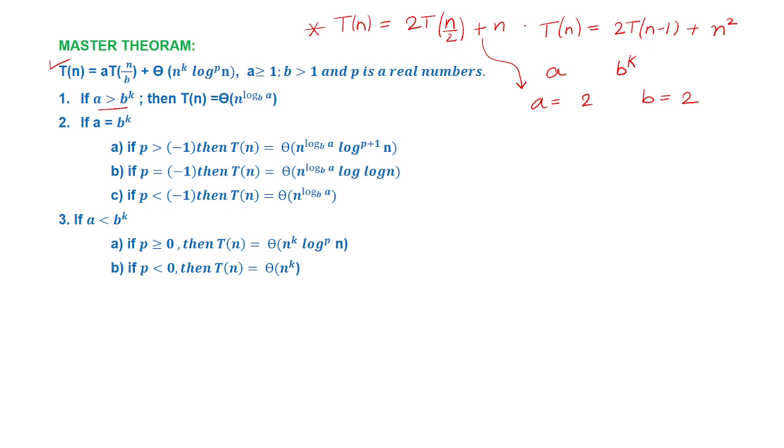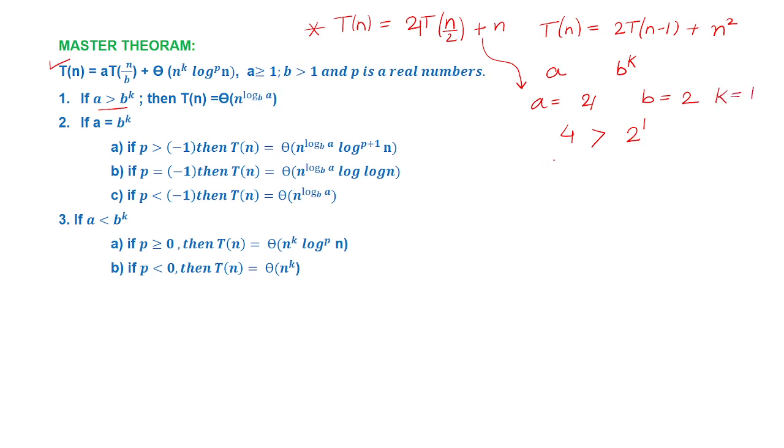Let's say instead that a is equal to 4. So a is 4, and b to the power k is 2 to the power 1, so a is greater. It satisfies rule number 1, which is a greater than b to the power k. Here k is equal to 1.